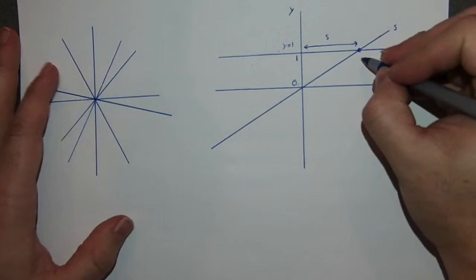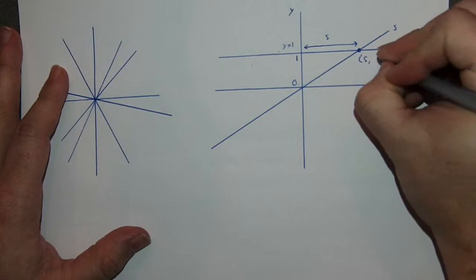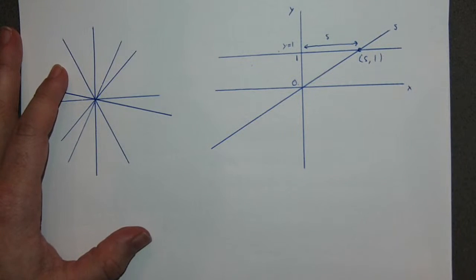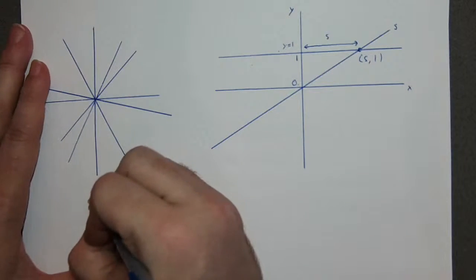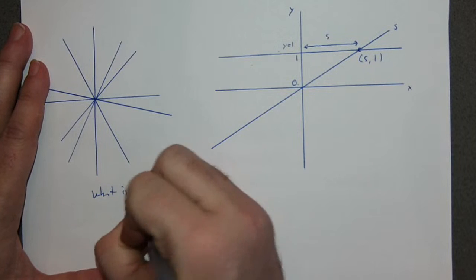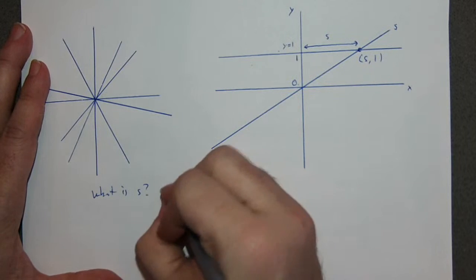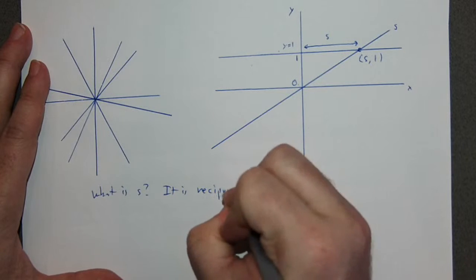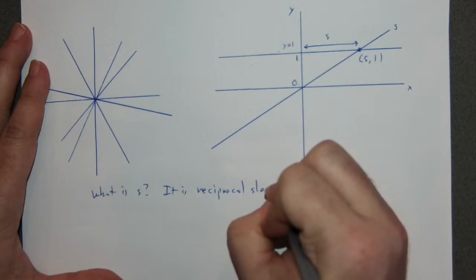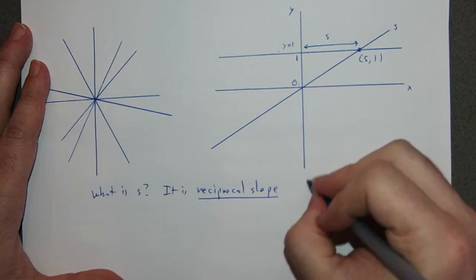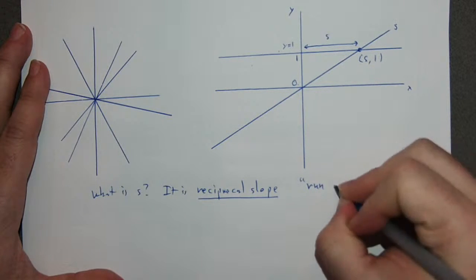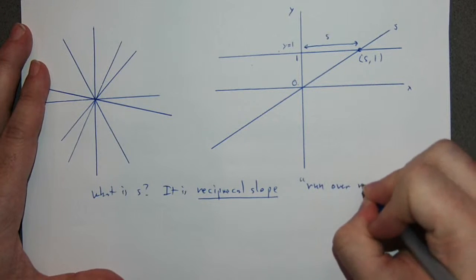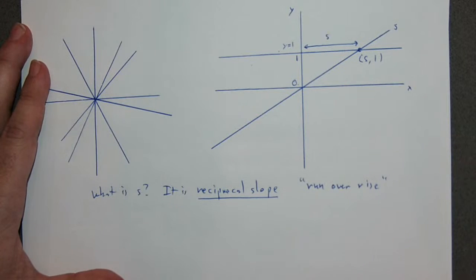Okay. What is this number? Well, this coordinate is (s, 1). What is s? It is the reciprocal slope, run over rise. Why is it run over rise?